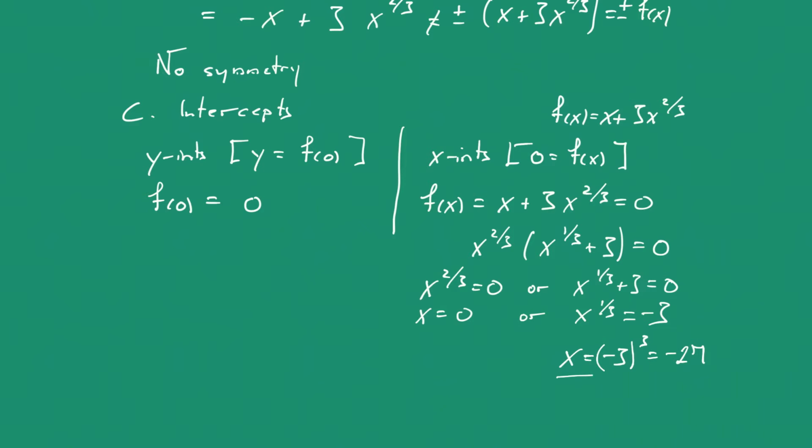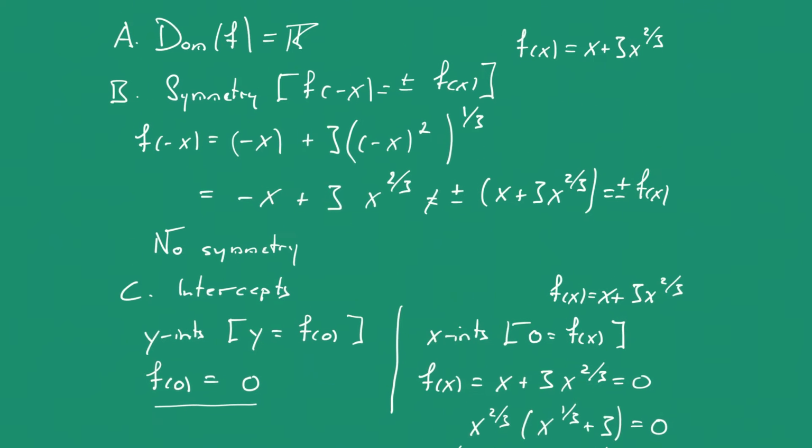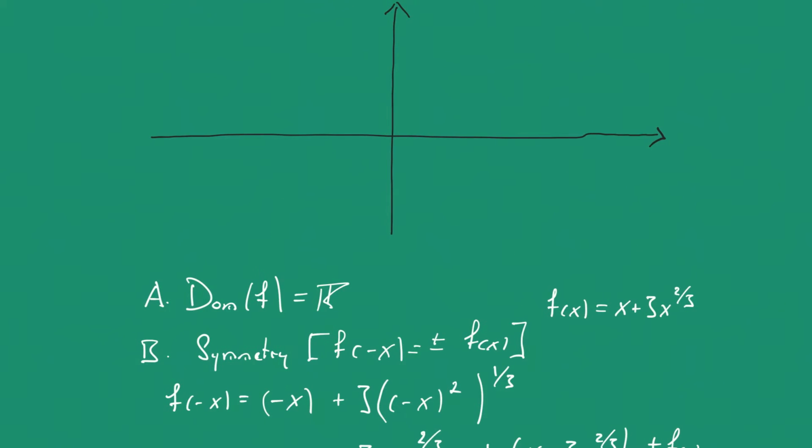Okay, so our x-intercepts are x equal to minus 27 and x equals 0. And as we saw before, the y-intercept is also 0. So we have intercepts at the origin and at x equal to minus 27. So we'll put those on right now to our graph.